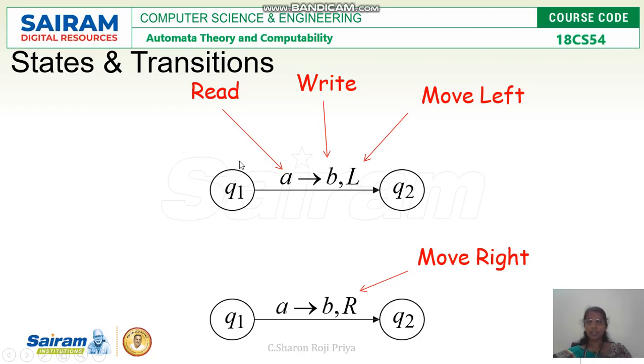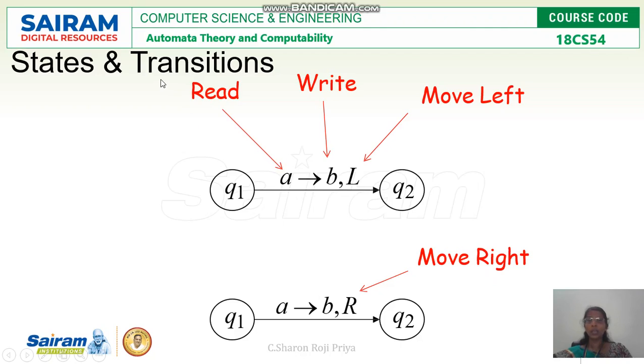These are the states and transitions. The meaning of this transition is: in state Q1, when it reads input A, it changes to Q2, A is replaced with B, and the read-write head moves in the left direction. Similarly here, in state Q1, when it reads input A, there is a transition to Q2, A is replaced with B, and the read-write head moves in the right direction.